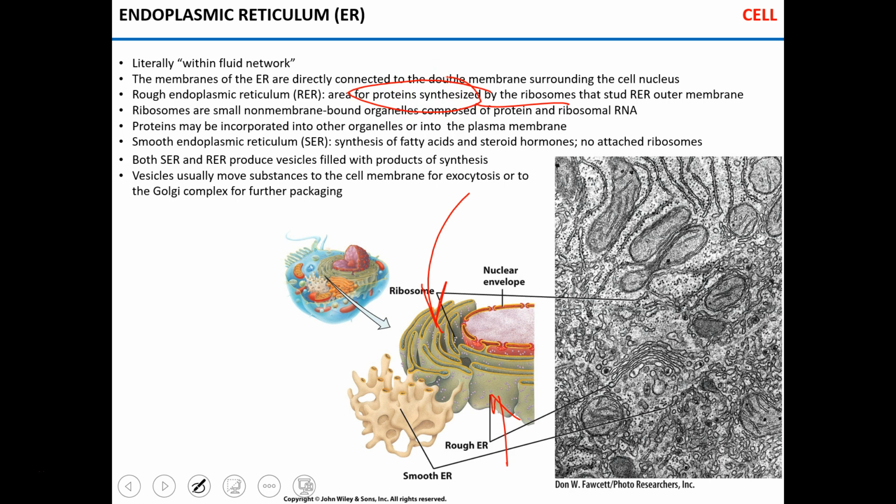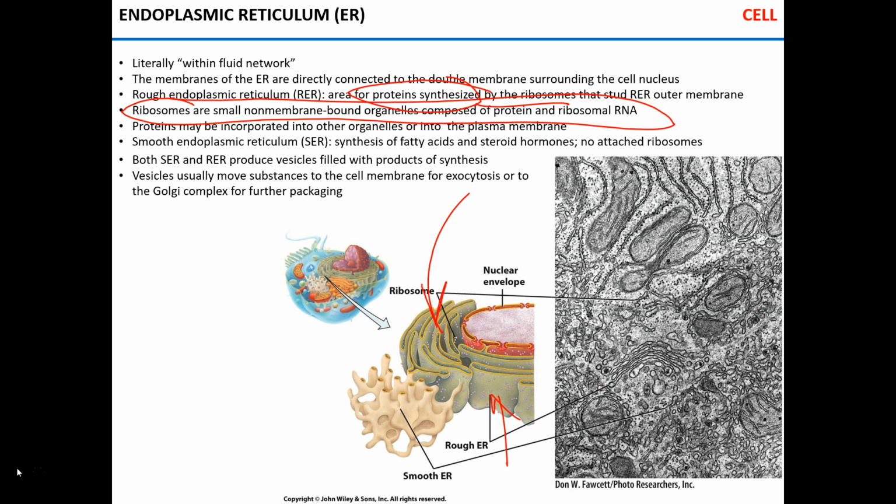Ribosomes are fairly small organelles that are composed of proteins and RNA, and the function of ribosomes is protein synthesis. I want to highlight that while endoplasmic reticulum is a membrane-bound structure, ribosomes are non-membrane bound.